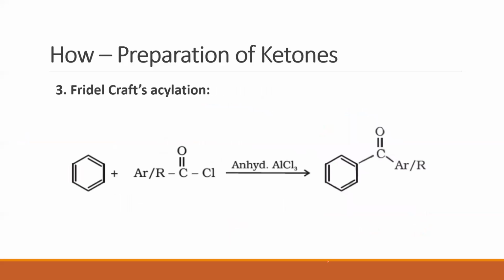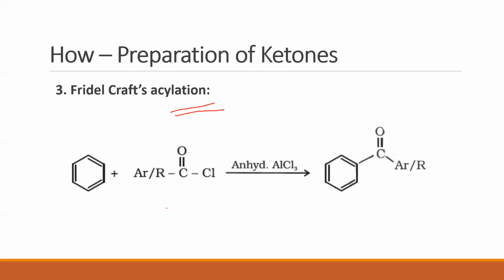The third reaction is Friedel-Crafts acylation. You would have already studied this last year. Last year when you studied benzene and its reactions, one of the reactions was this Friedel-Crafts reaction. Friedel-Crafts reaction is of two types: Friedel-Crafts alkylation and Friedel-Crafts acylation. We carry out acylation.